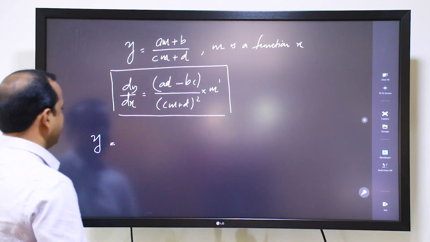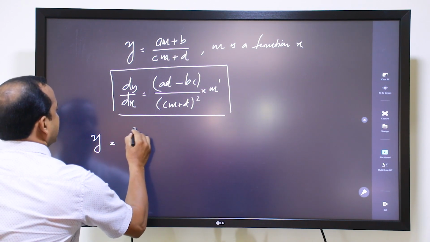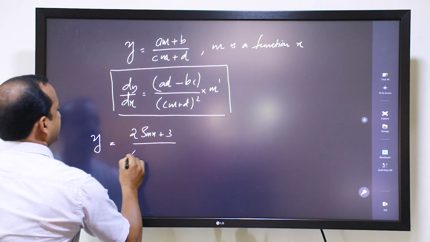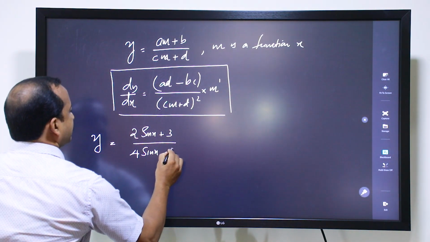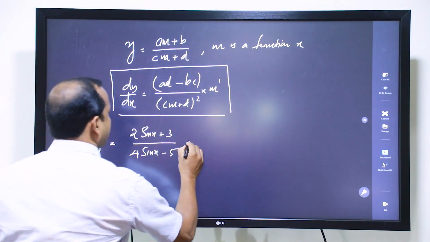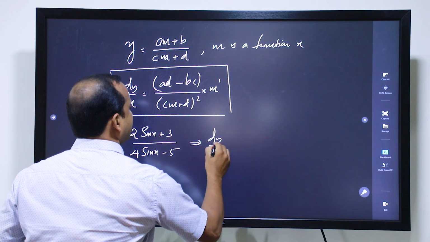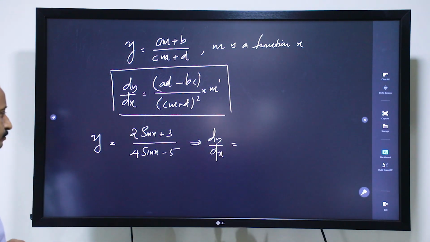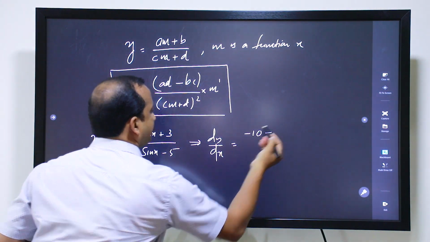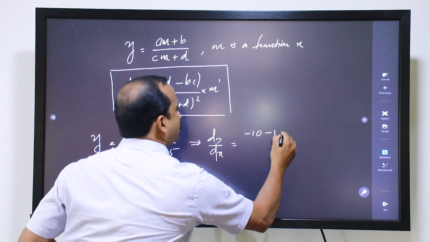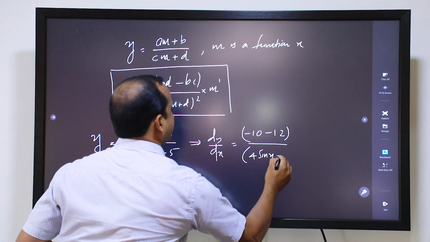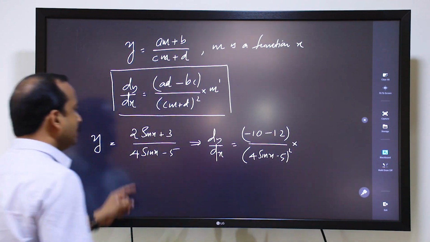Now I discuss some examples based on this problem. y is equal to (2 sin x plus 3) divided by (4 sin x minus 5). Now find the derivative. Therefore dy by dx is equal to, by the formula, AD, that is 2 into minus 5 is minus 10, minus BC, 4 into 3 is 12, divided by the denominator square, that is (4 sin x minus 5) the whole square, into the derivative of m.